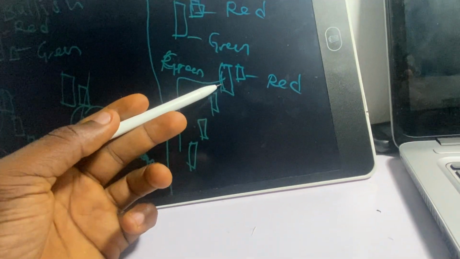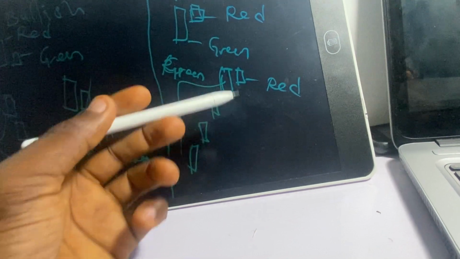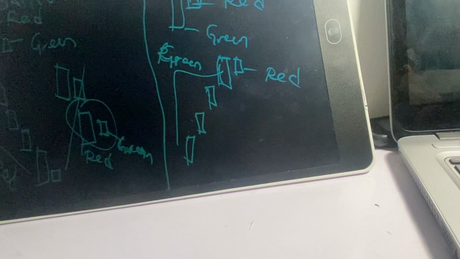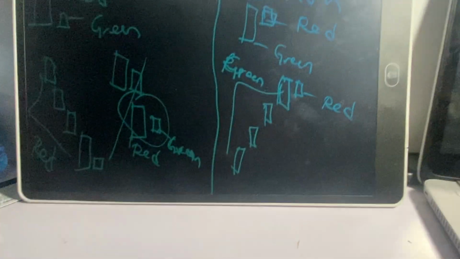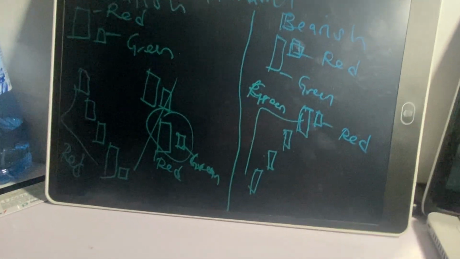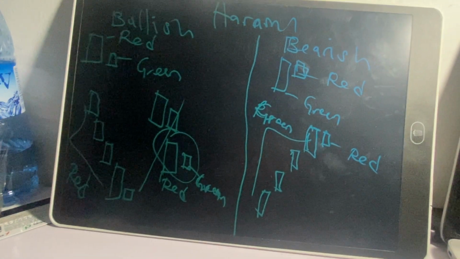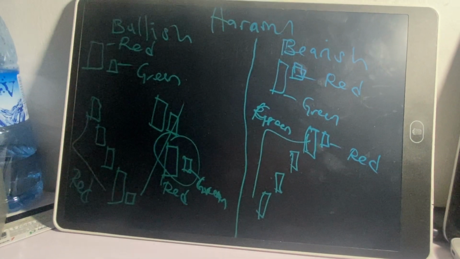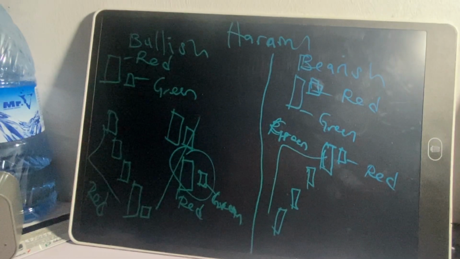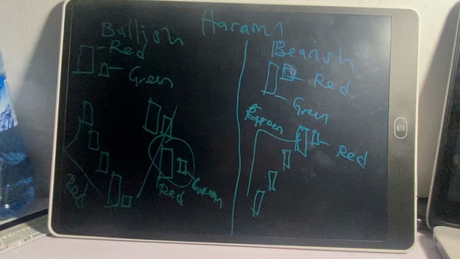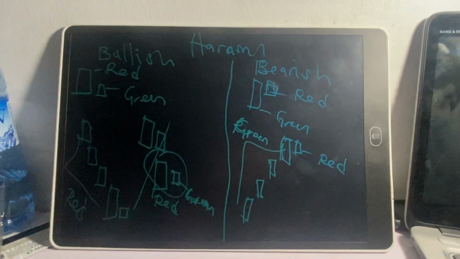Then we have this red candle, which represents the sellers. All these are green, the buyers going. So all of a sudden, this red candle forms inside the buyer's candle, inside its stomach. The seller's candle forms inside the buyer's candle to tell us a reversal is likely to happen here.